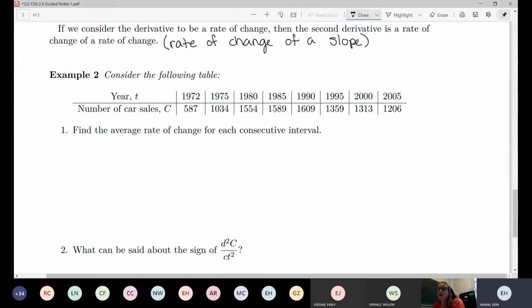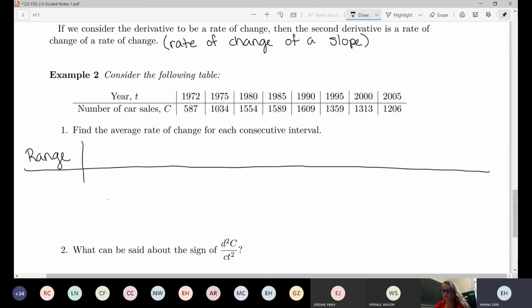And the first thing we're asked to do is find the average rate of change for each consecutive interval. So I'm going to essentially make a new table for our average rates of change, which I'm also going to denote as change in C over change in T. So essentially they want us to do each one of these pairs.